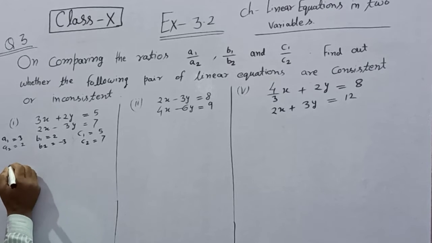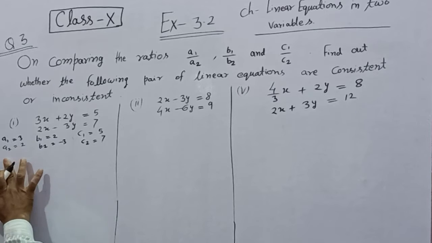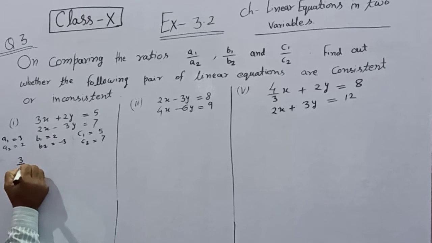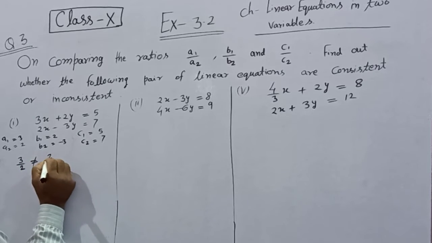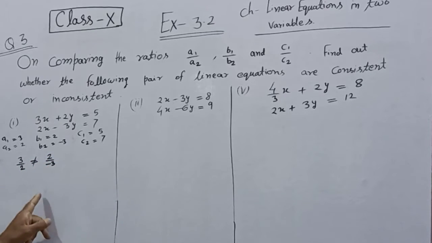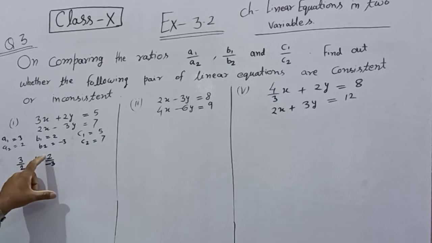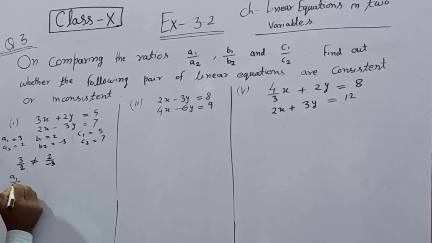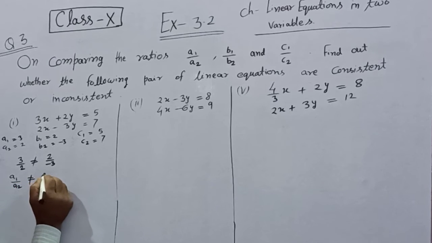Therefore, we know that if a1 upon a2 is not equal to b1 upon b2, then it will be consistent. Okay, here 3 upon 2 is not equal to 2 upon minus 3. Both are not equal. So we can write a1 upon a2 is not equal to b1 upon b2.